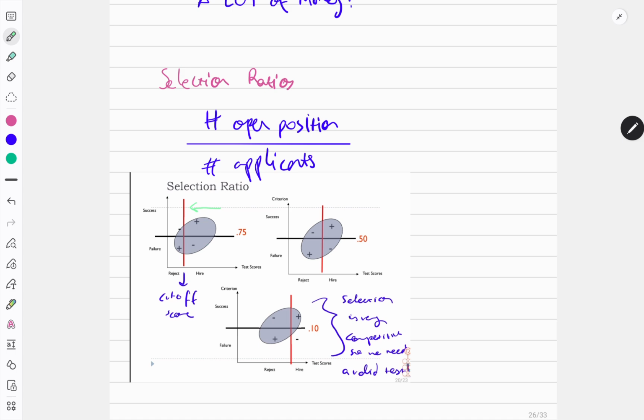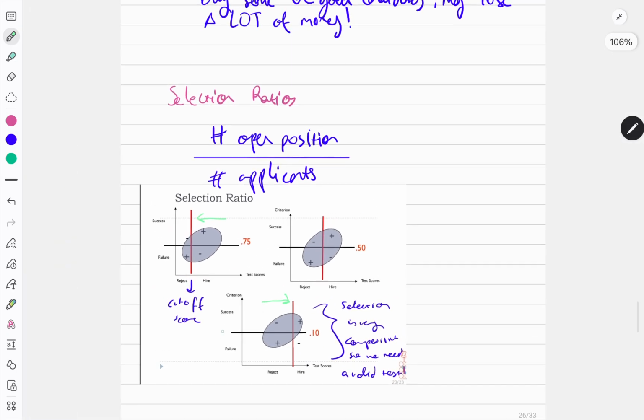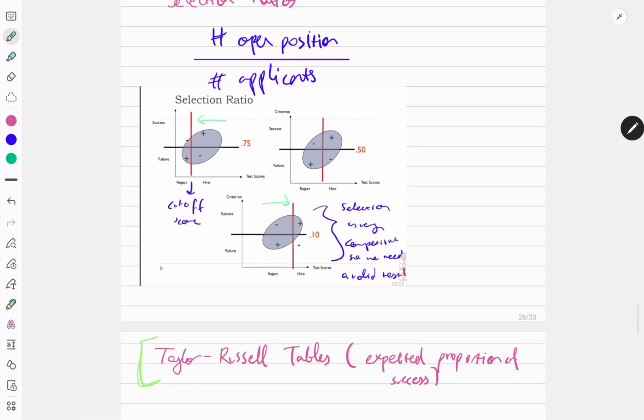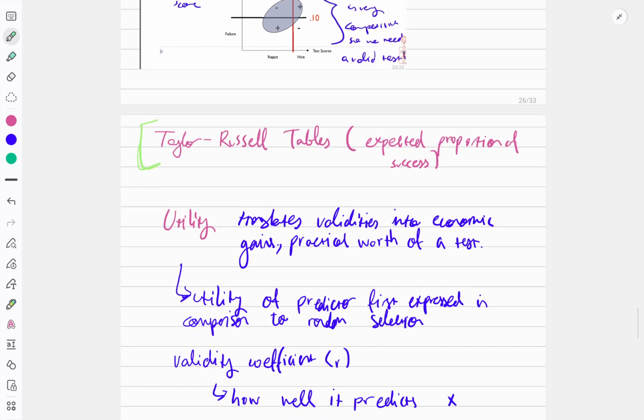But if we only need a small portion of people, that means that most people will not get hired, and we are taking our cutoff point to the right part of the graph, right?